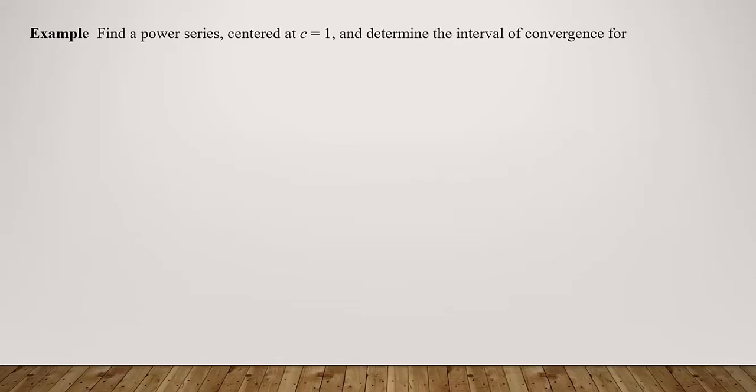We're going to find a power series centered at c equals 1 and determine the interval of convergence for, well, the function we're going to do first is 1 over x. That's part A. And part B is the function natural log x.